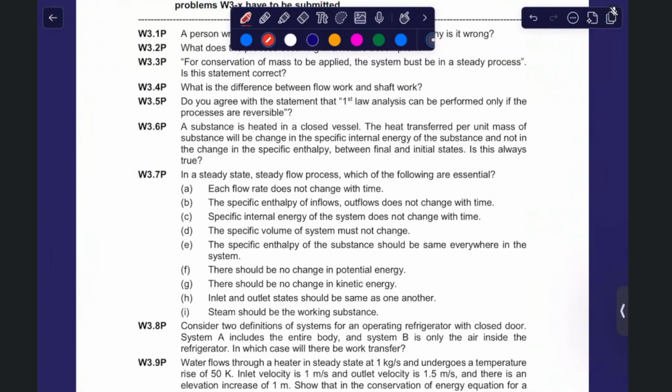So the answer is that for a closed system, where no mass is crossing the boundary and there is constant volume, and no flow work term, changes in enthalpy are not directly relevant for heat transfer.